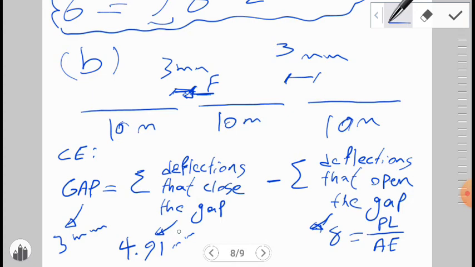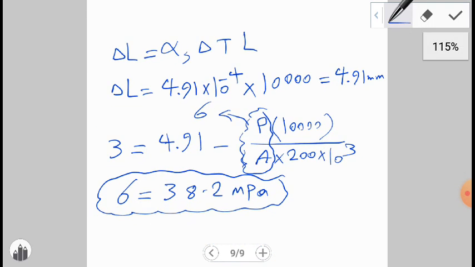We calculated delta L is equal to alpha S delta T L. Deflections that open the gap are due to the forces generated here in opposite directions that intend to open the gap. Delta, because of these forces, is equal to PL over AE. And finally, we can say that P over A, sigma, is equal to 38.2 MPa.